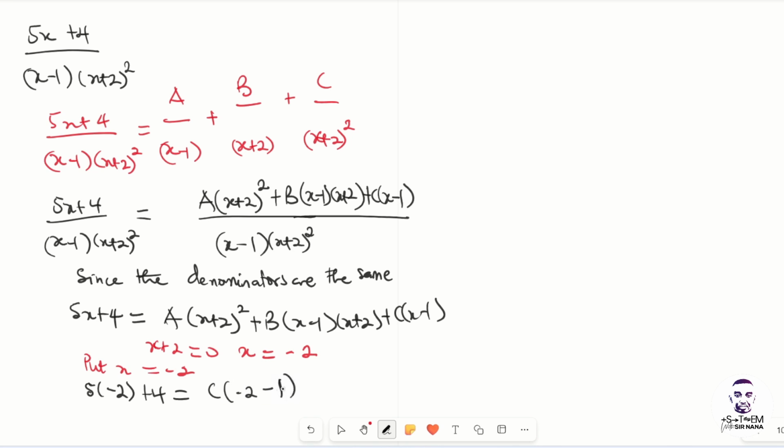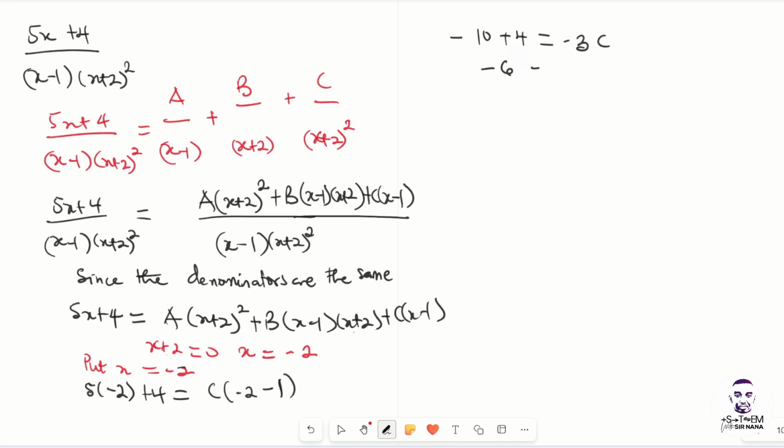We've gone through this process many times, so you should know that once we put that factor into A and B, because of the x + 2 here, which is the factor we got the -2 from, they become 0. So A and B go to 0, and we have C(-2 - 1). 5 multiplying -2 gives us -10, plus 4, so -10 + 4 is equal to -3C.